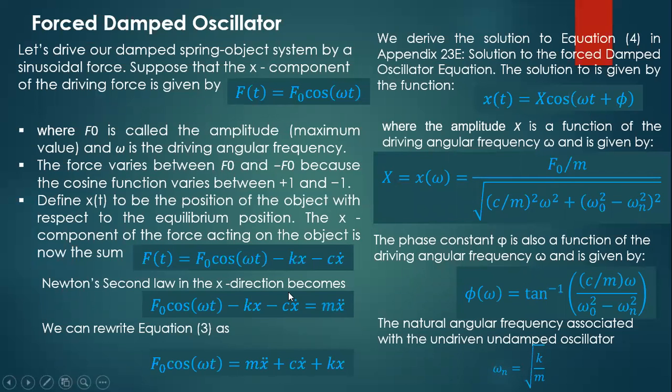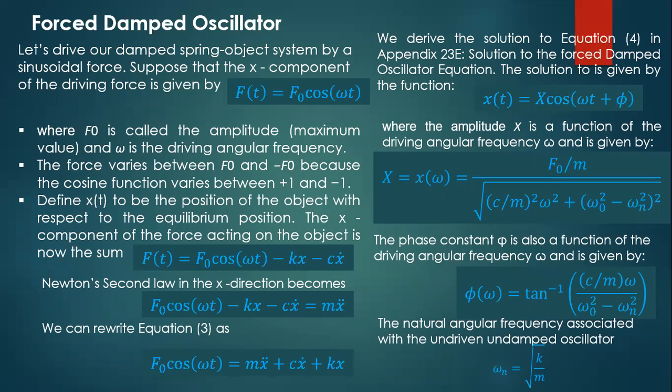Now let's see forced damped oscillation. So far we have seen only the undamped system, but if damping is also considered, what will be the equation? So let's drive our damped spring object system by a sinusoidal force.